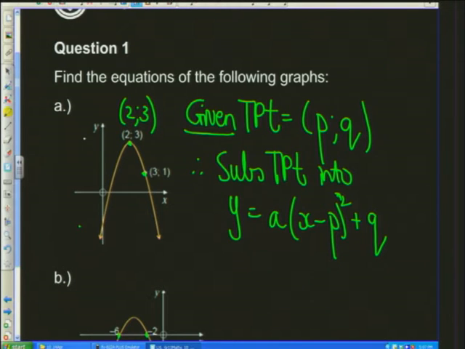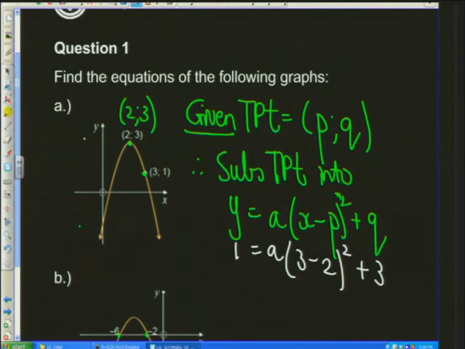And in order to find it, I would need another xy. Can you see I've got a second point, (3, 1), that I can substitute in. So I'm going to do both those substitutions at the same time. So we have the point (3, 1): y is 1, x is 3, p is 2, and q is 3.